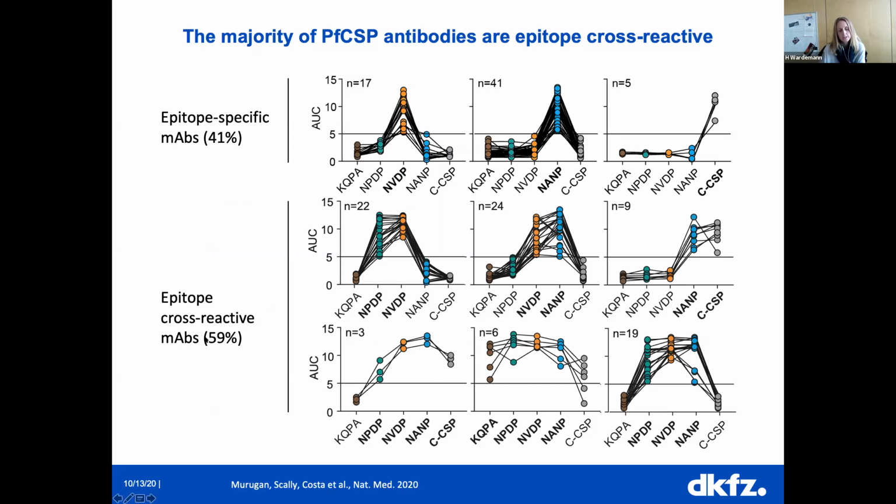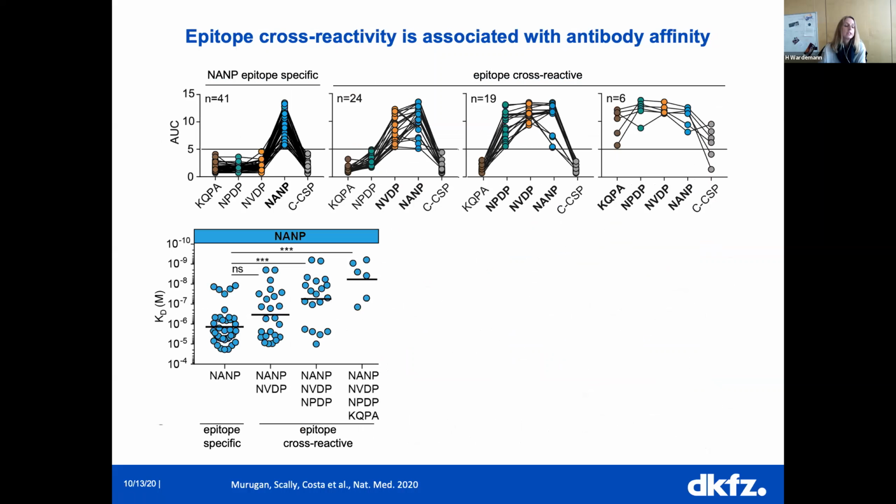So the vast majority of CSP antibodies are actually cross-reactive with these junctional epitopes. And so the question was, what discriminates antibodies that specifically recognize only one peptide, NANP for example, from the ones that show cross-reactivity with some or more of these junctional peptides?